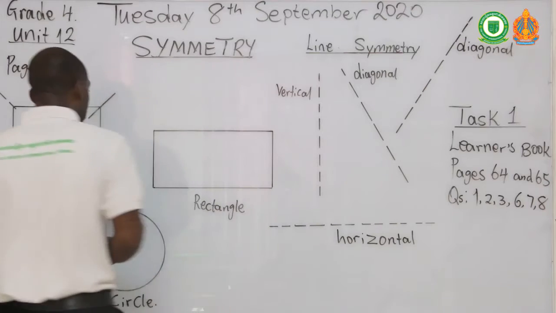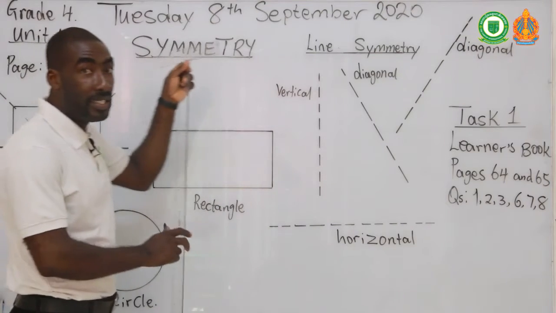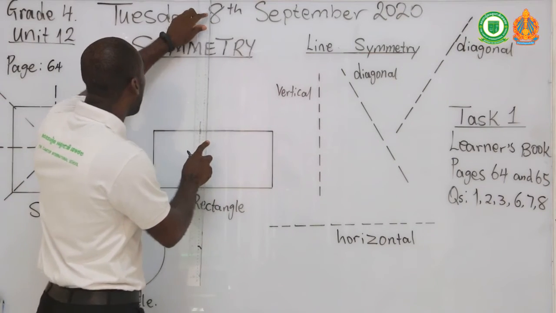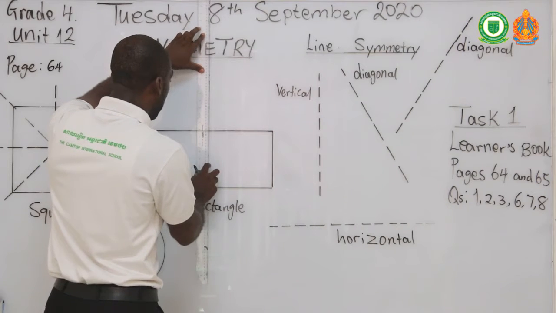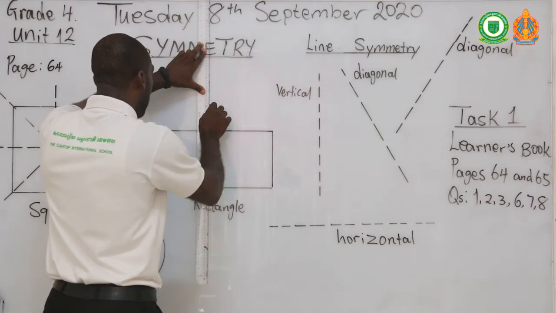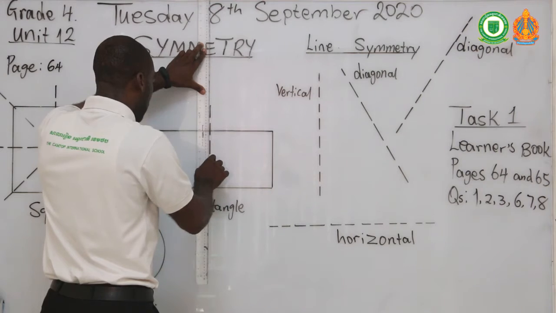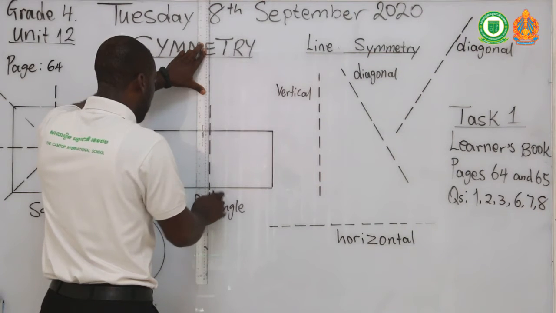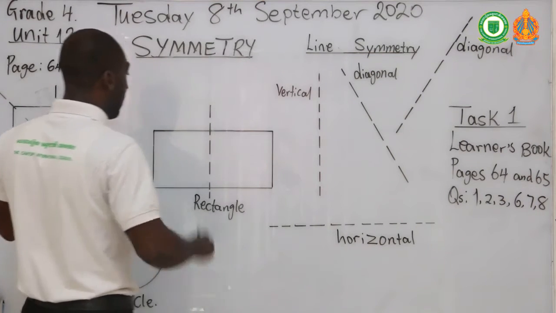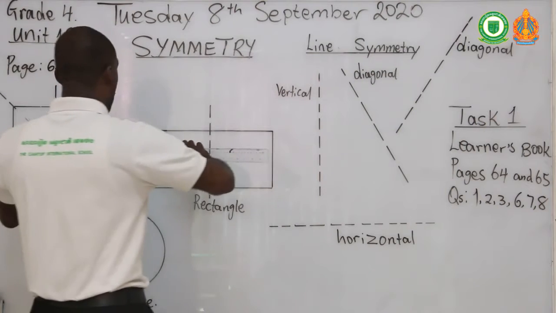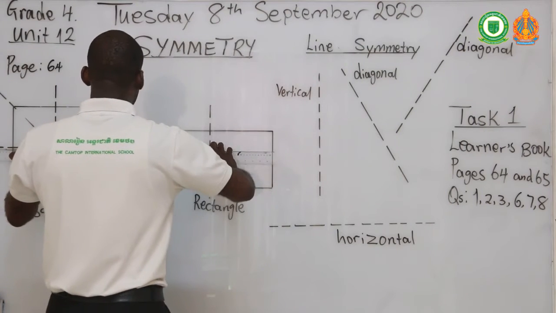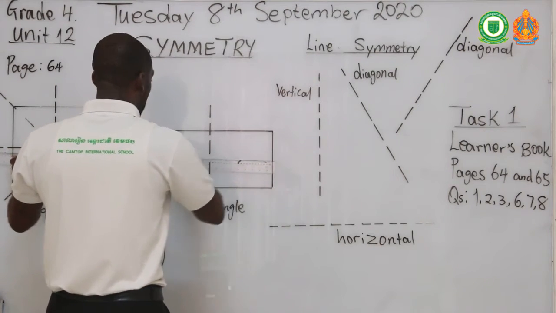Yeah, let's do that for our rectangle and see how many we can make. So this is a rectangle. We look for the half, and then we put our line of symmetry inside. Okay, so that is one way, and then we can go this way.